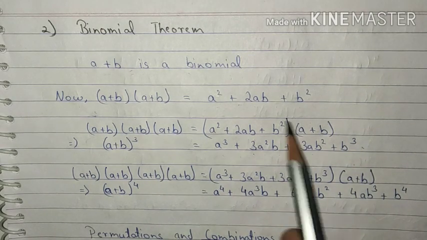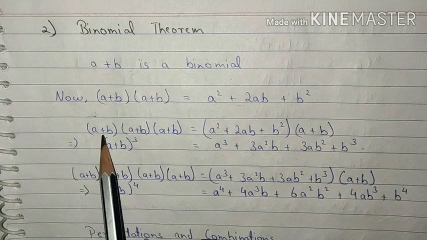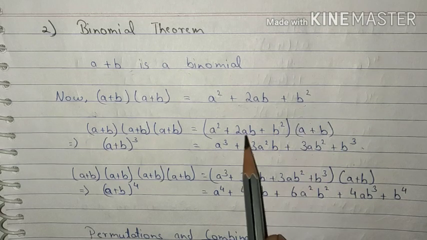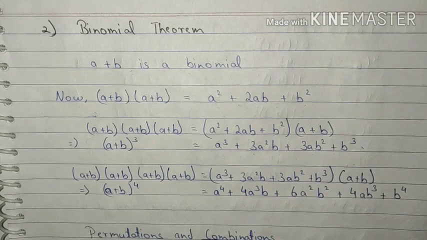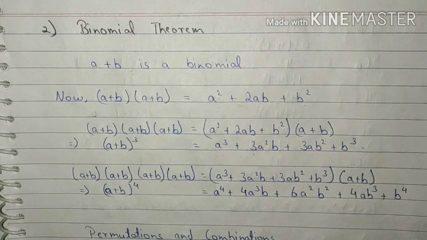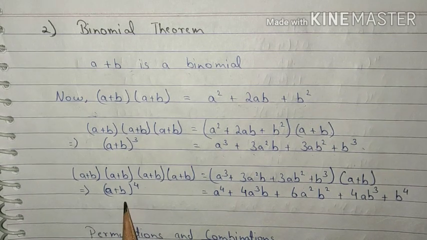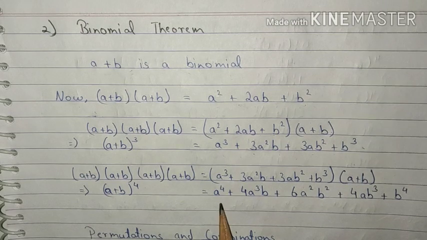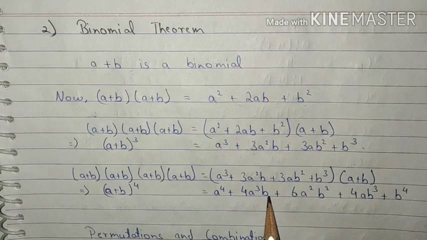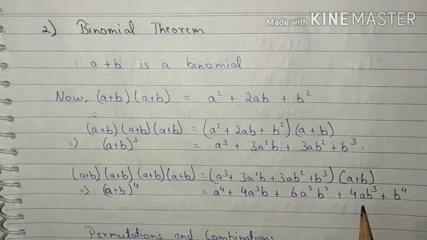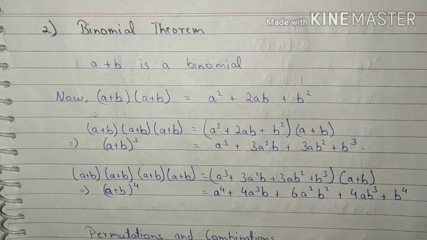What I have done over here is that first I have multiplied a plus b into a plus b, I got this result from here, and then I have multiplied this with a plus b. Now, in the same manner, we have taken out the value of a plus b raised to the power 4, which comes out to be a raised to the power 4 plus 4a cube b plus 6a square b square plus 4ab cube plus b raised to the power 4.